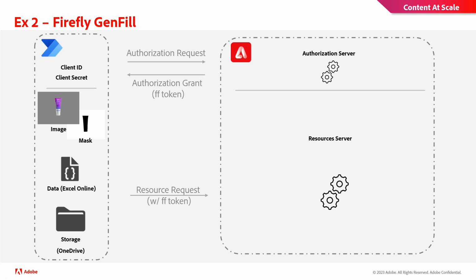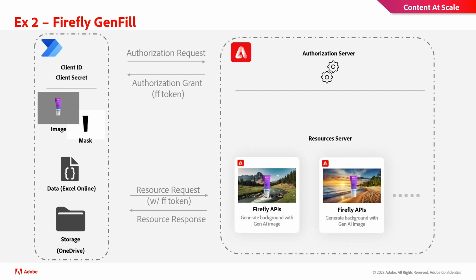All these will be sent to the Firefly services in the backend, and Firefly will literally isolate the image using the mask and superimpose it on the various backgrounds that are based on the text prompts in the Excel table.